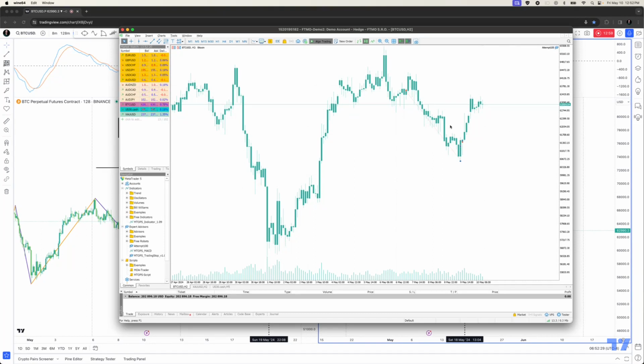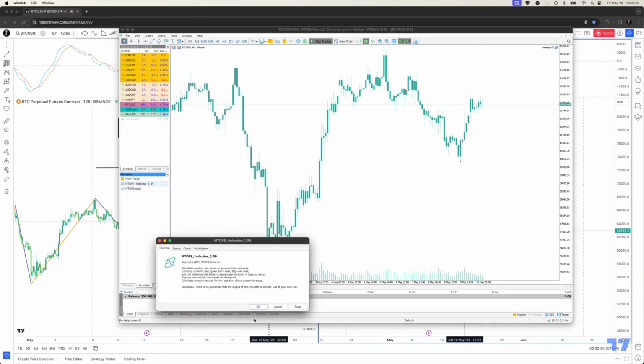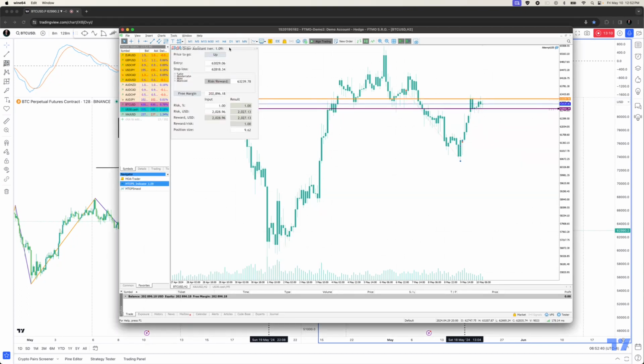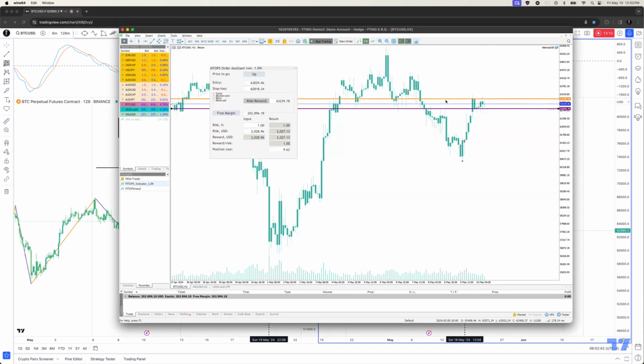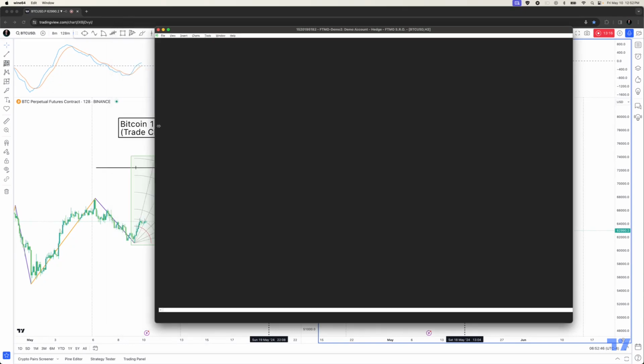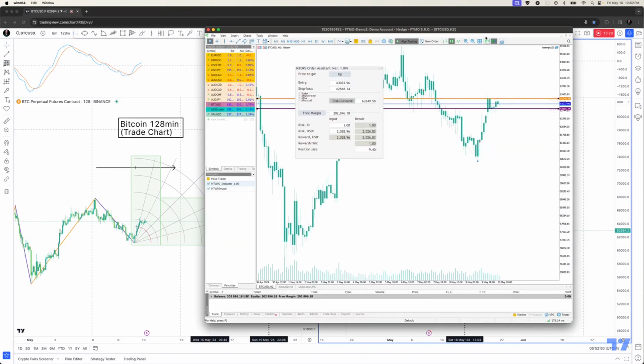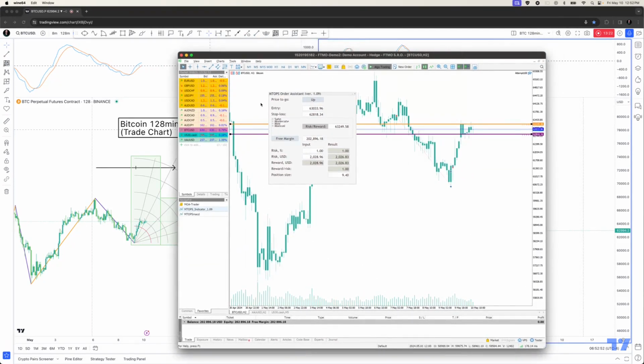So what I'm going to do here is open up my custom indicator that a community member and myself developed specifically for our needs, and then set the turning point stop loss, as well as automate the target once it's being put down.